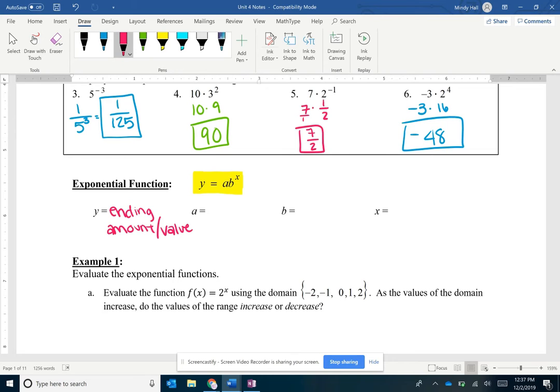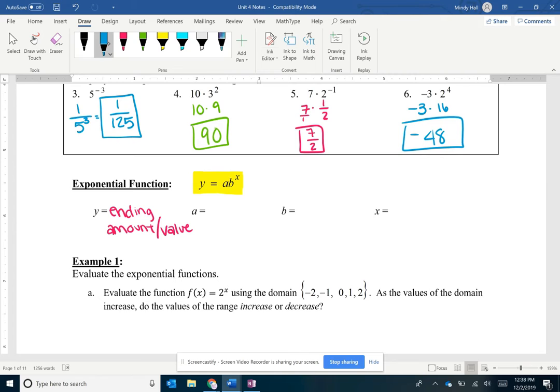Something like that. And so then a is actually going to be the initial amount that you started with. So whether it is a bank account or a savings account, whatever it may be, doesn't matter.